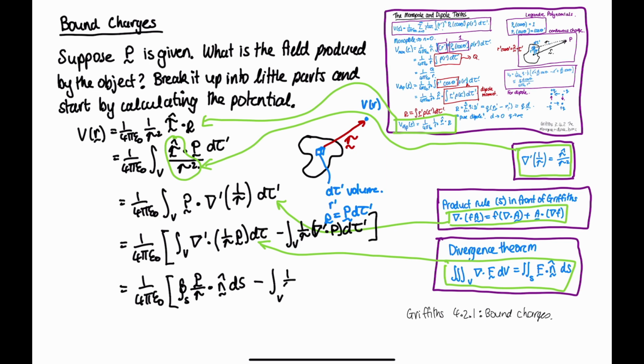So this is 1 over curly r times the divergence of P d tau. So now we've come up with an expression for the potential, and on the next slide where we've got a little bit more space, I'll show you why we would want to do it this way.